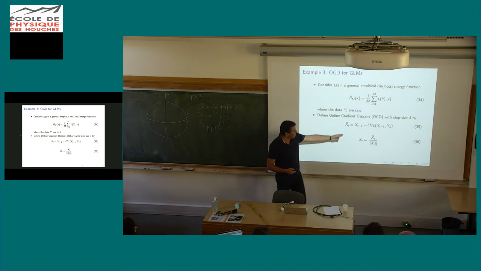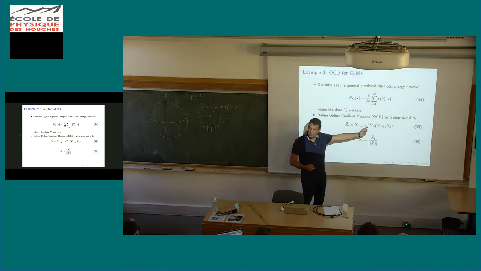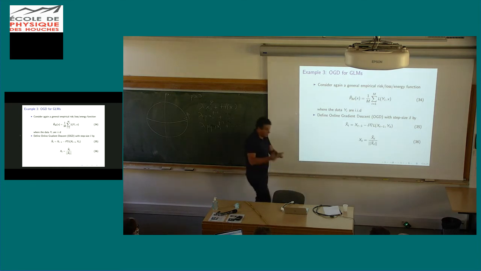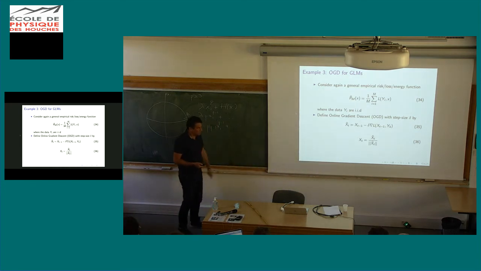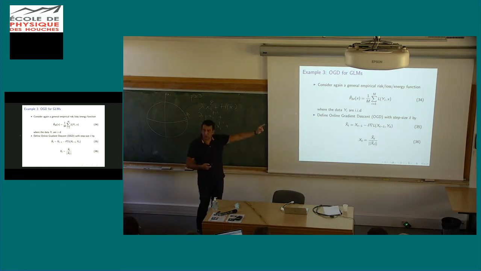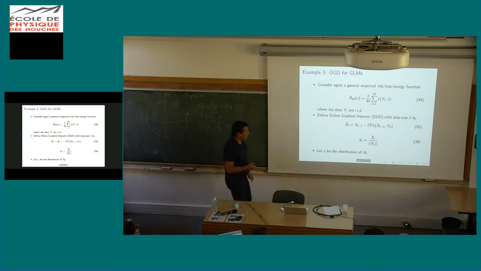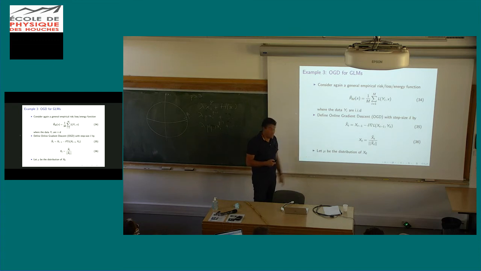It's on the sphere, so of course I do a step, and then I just project back on the sphere to stay on the sphere. I could take the spherical gradient instead of the usual gradient, and that would not be very different. Okay, and you start with a certain distribution for x0.